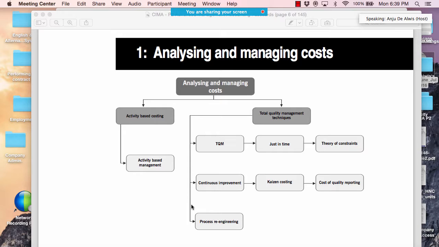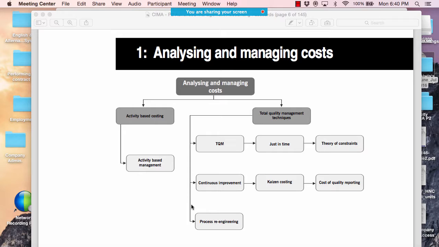Talking about the TQM just in time, those two key things for you as a company to develop. What do you think? Forget about a lot of the theory aspects of it, but there's a little bit of relationship that needs to come through, right? Because let's say you're a manufacturer and you want certain raw material. If you want it just in time, then you need to have a very good relationship with your suppliers, right?